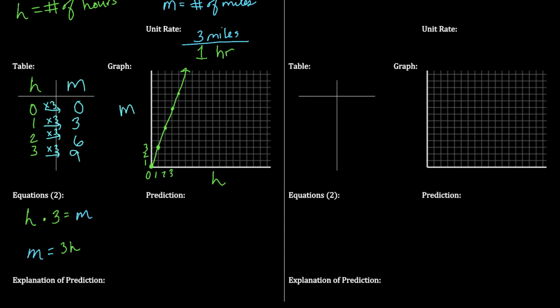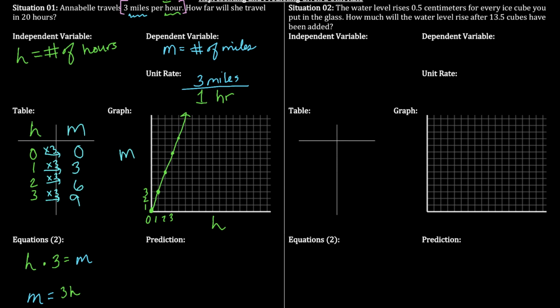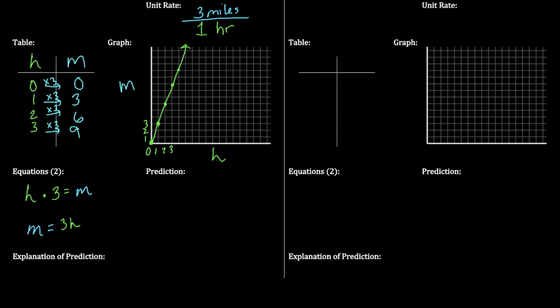Let's not forget that it asks us for a prediction. It says, how far will she travel in 20 hours? So let's go ahead and try that. So 20 hours times 3 should give us the number of miles. So let me back up. Let's write the equation first.